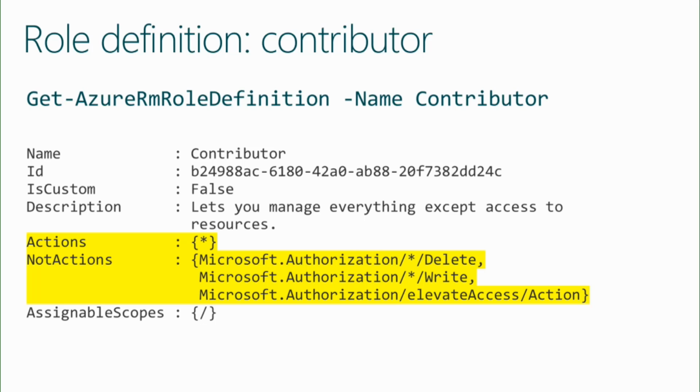You can't write permissions, and you can't elevate your access. So the authorization node, which is what covers permissions, you're not allowed to have access to. So you can define a role by using any combination of actions in the sense that you can grant, or not actions, which is in the sense that you can deny, to build the custom role that you want.